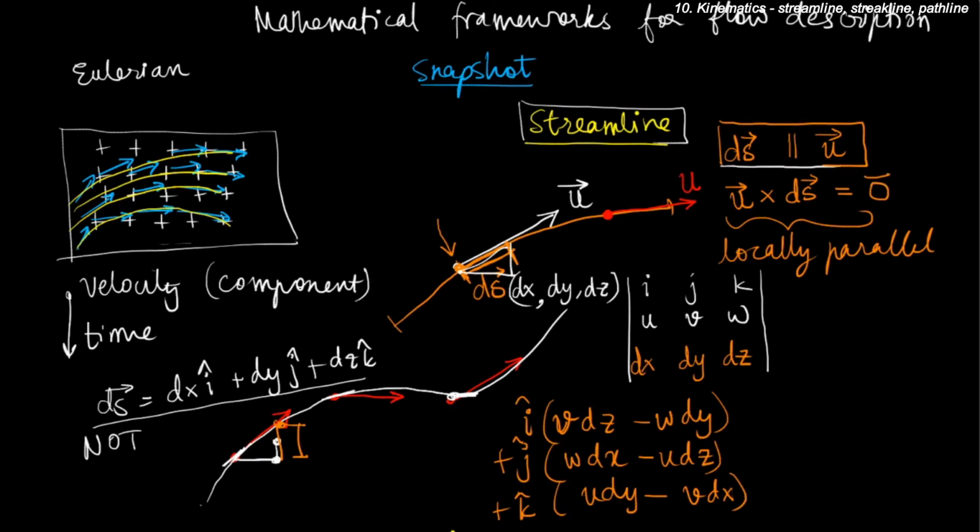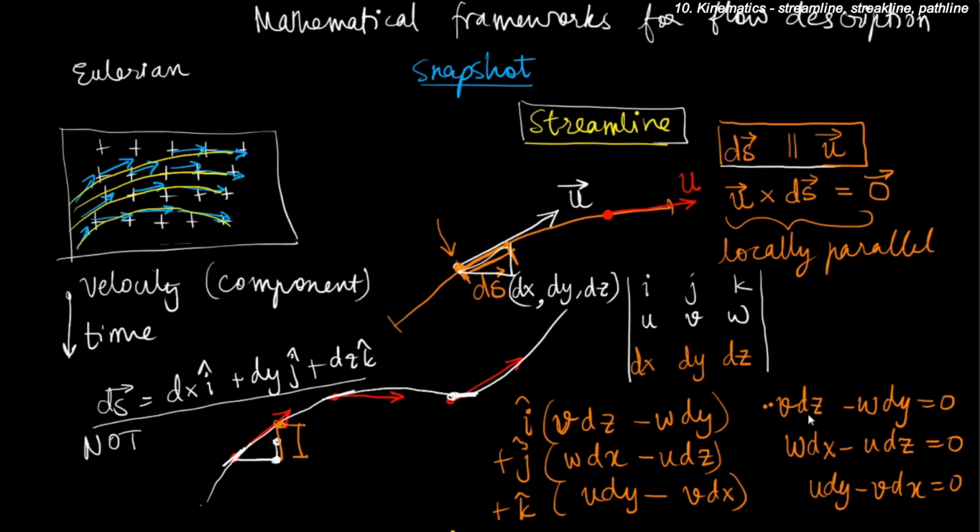And because each of these components has to be 0, because the cross product is a 0 vector, this implies that v dz minus w dy is equal to 0, w dx minus u dz is equal to 0, and u dy minus v dx is equal to 0.